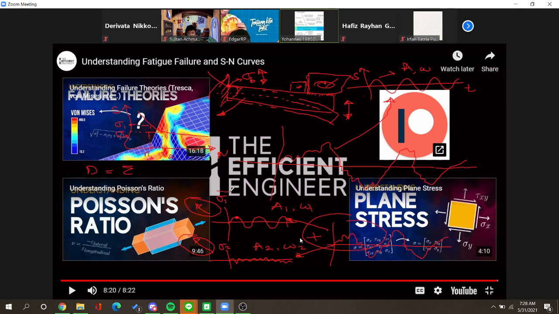So this single load contributes to the failure, and this one also contributes to the failure, and it will be accumulated. That's why it's a sum here.